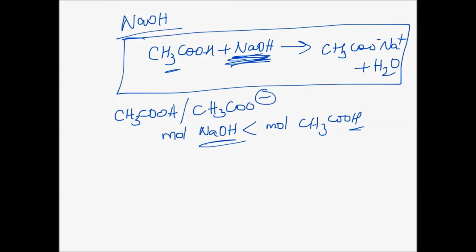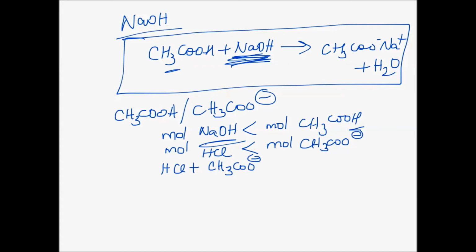And likewise, if you add HCl to the system, as long as the moles are less than the moles of the base, which in this case is sodium acetate, that sodium acetate will react with HCl to give you acetic acid and Cl negative.